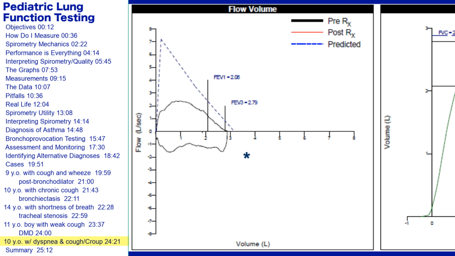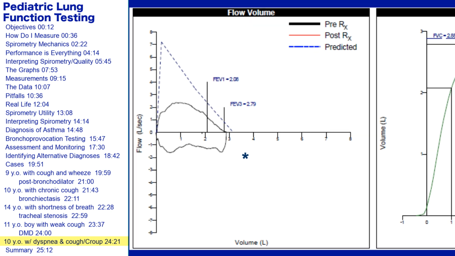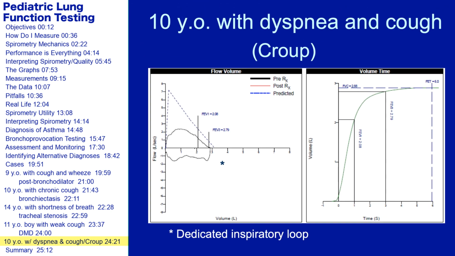It's never going to be as perfect as the drawings I showed you earlier, but you can get a really good sense that there is expiratory flow limitation and inspiratory flow limitation. And again, this is a child who had severe croup, and so had the tracheobronchitis and narrowing of the central airways.